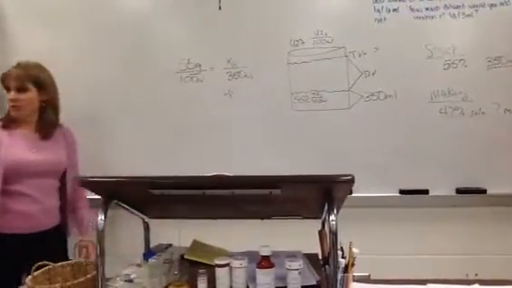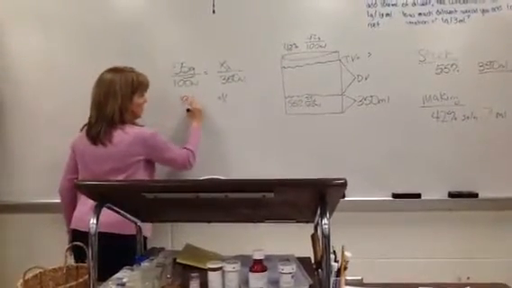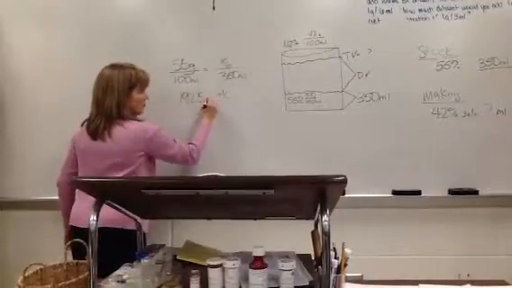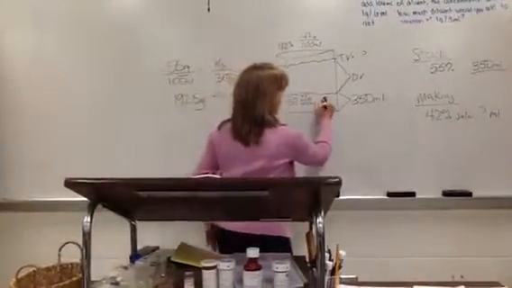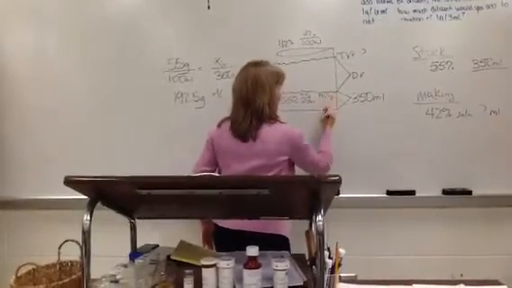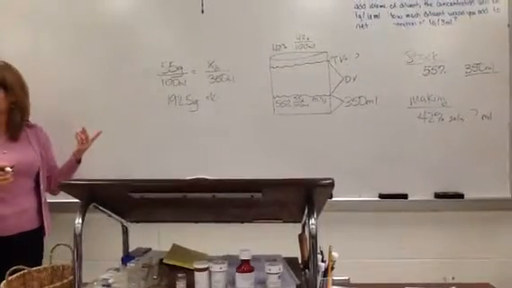And come up with... somebody punch that, I haven't done the math. 192.5. Okay, 192.5, watch your units, grams. So that's what's in this container. Then the third step: what is the third step of a dilution problem?